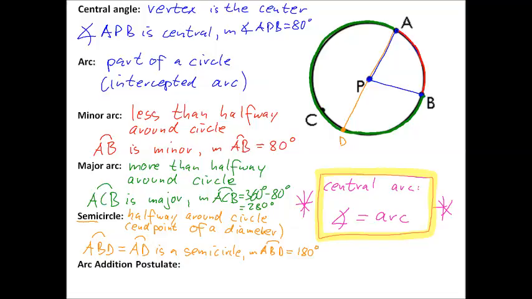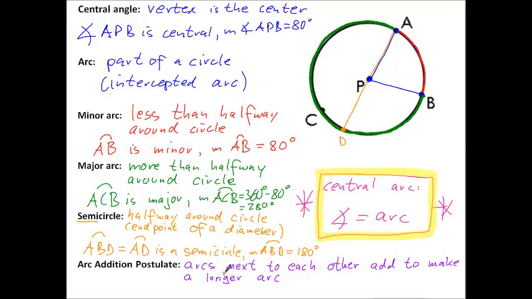So if we know the length of arc AB, which is 80 degrees, and we also figured out the length of arc ABD, which is a semicircle, and that's 180 degrees, we can also make a statement about the length of arc BD, and that leads us to an important postulate, the arc addition postulate. Arcs next to each other add to make a longer arc.